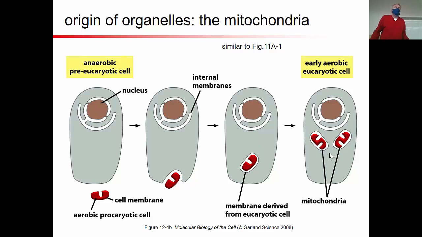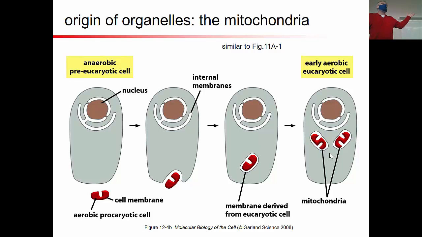And it may, in fact, have been a parasitic relationship because the mitochondria is thought to be related to a group of what we call intracellular pathogens, which are bacteria which grow inside cells, called rickettsia.